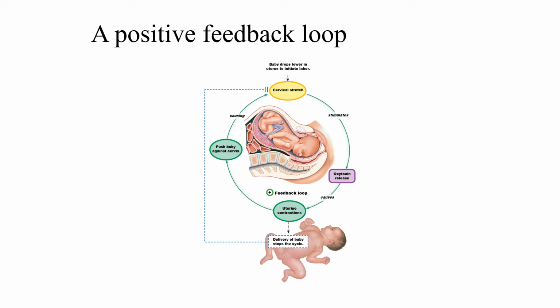No more oxytocin is going to be released, and so the uterine contractions are going to stop, and the cervix eventually is going to go back to its normal size, and it's not going to be stretched out anymore. So as you can see, the positive feedback loop was not trying to make you go back to that homeostatic normal range.